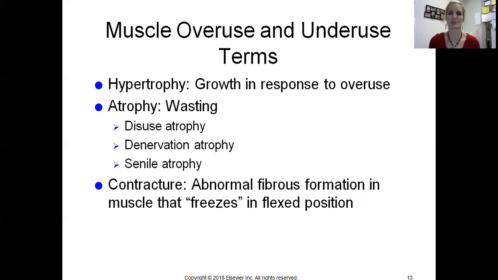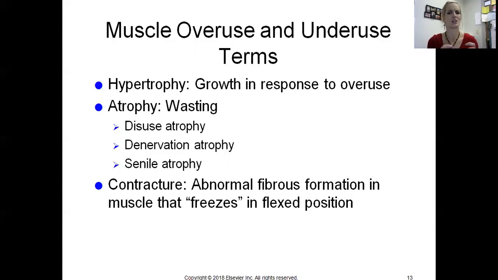So when bodybuilders stop lifting weights, those big muscles that they've developed are actually going to go back down. So disuse, or denervation, which just means the nerve signal that's being sent to that skeletal muscle is cut off somehow. It is sometimes caused by disorders, or may have been caused by an accident of some sort.